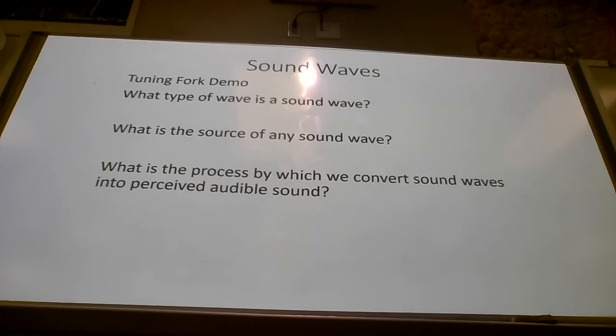It is created to have a certain natural frequency. It's vibrating. That natural frequency is what you're going to hear. Now, the nice thing about this is it's engineered to have a certain pure tone.